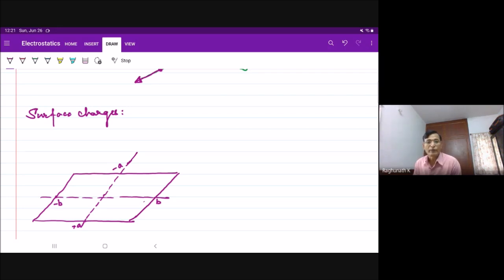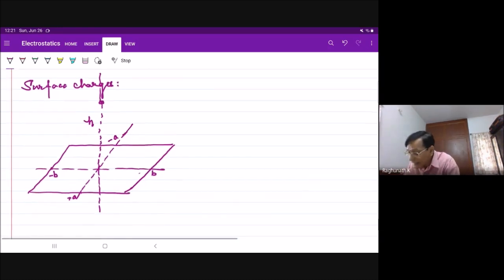Concentrate. This is the center. Above this particular center of this surface, at a height h on the z-axis, on the axis, is the z-axis here.